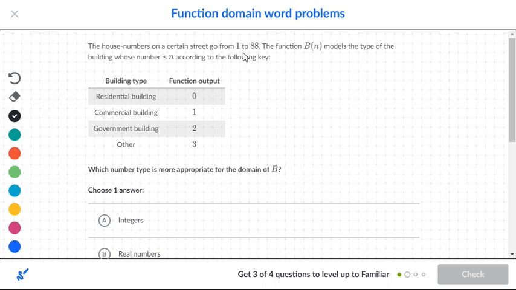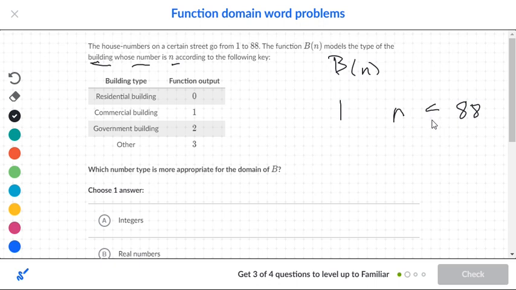The house number on a certain street goes from 1 to 88. And then they give you the following function, B of n, and n would be the building numbers. So those are the building numbers there. It says right there the house numbers go from 1 to 88. So the letter inside the parentheses is n.